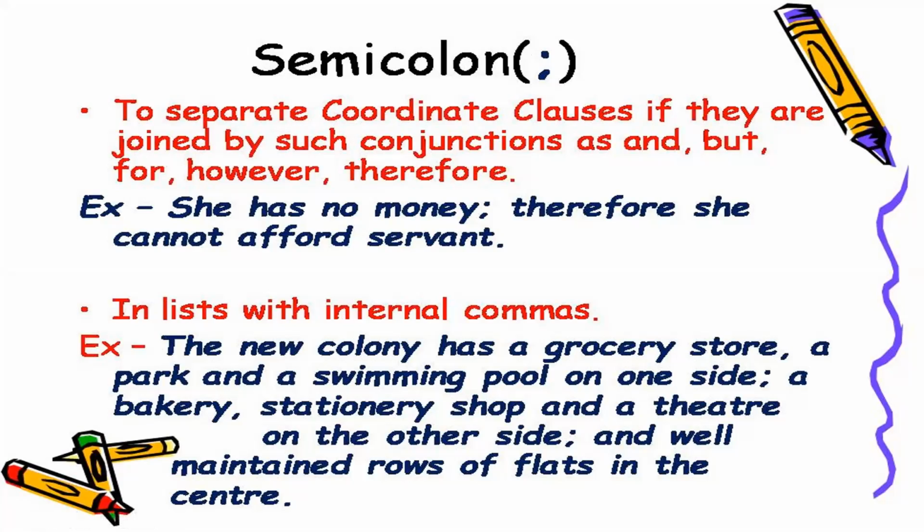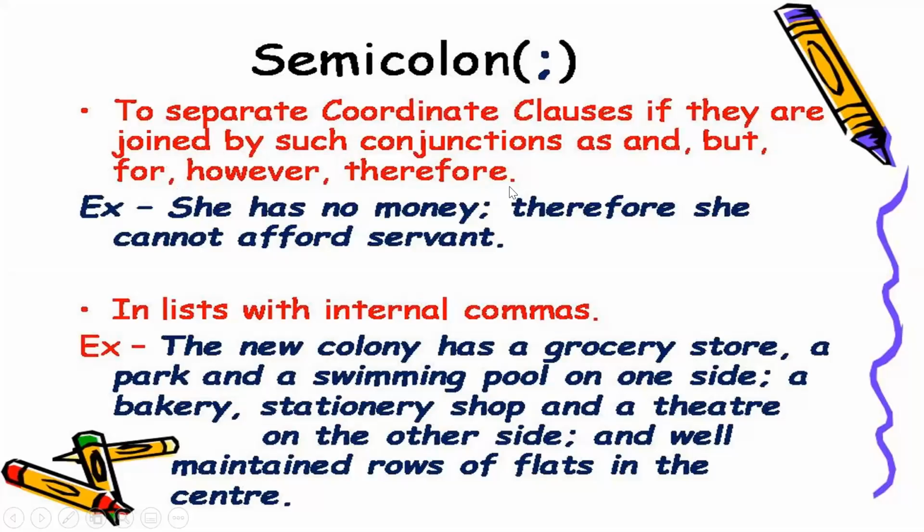Everyone knows that when we join two independent clauses together using a coordinating conjunction, the two main independent clauses become coordinate clauses. All of you have done this when we were doing conjunctions also. So if they are joined by such conjunctions as and, but, for, these are all coordinating conjunctions.